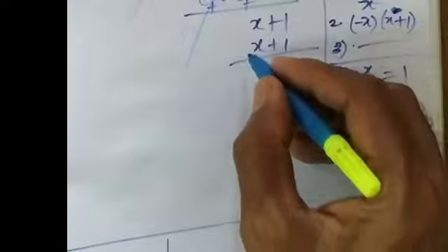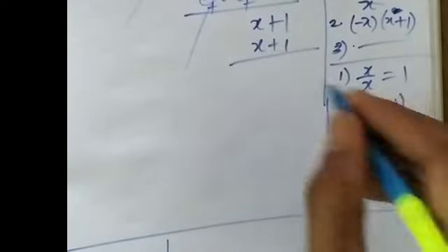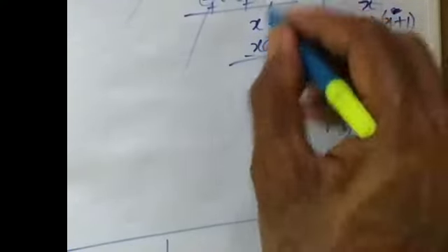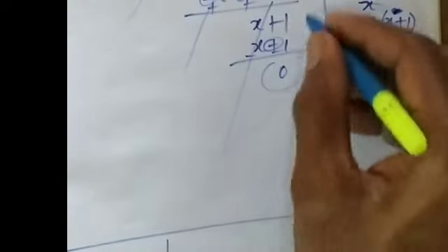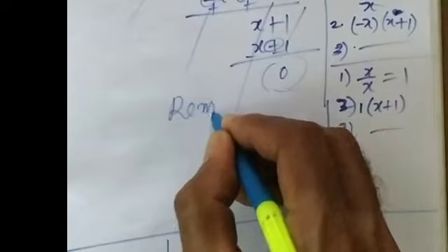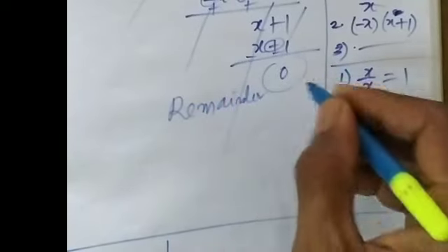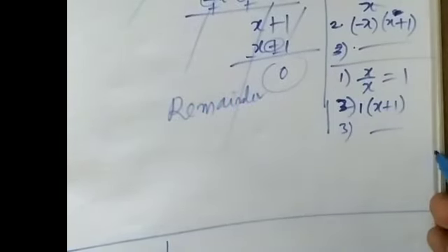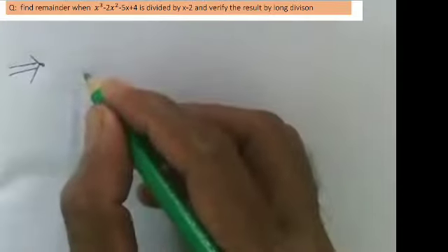Now subtraction, signs change. So plus to minus, minus to plus, you get 0. So the remainder is 0. So here also the remainder is 0.